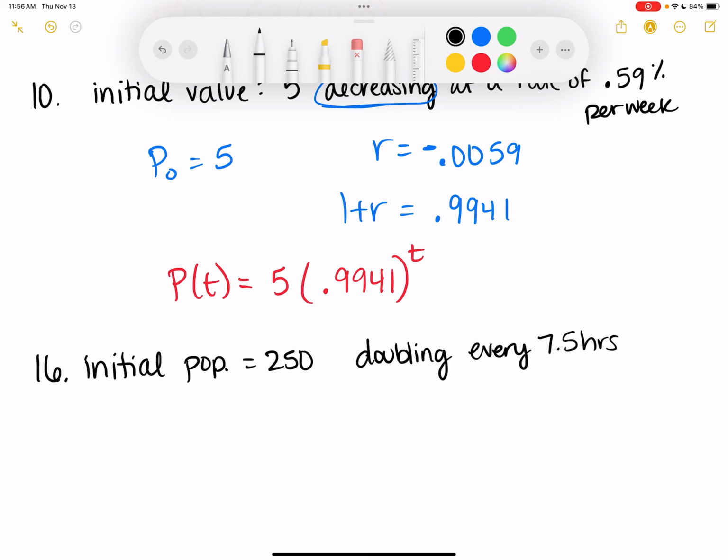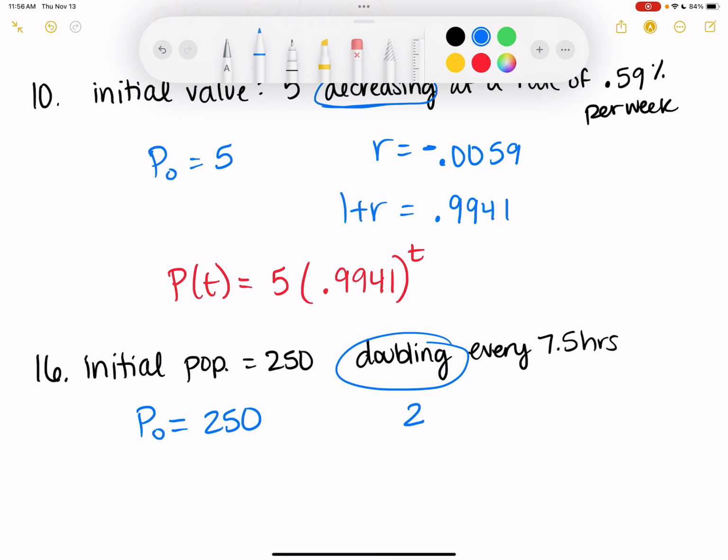So, my initial population, so P0 is 250. It's doubling, so that means that it's 2. Every 7.5 hours. So there's two different ways that we can look at this. Typically we don't want to put a decimal in a fraction, so we would typically rewrite this.